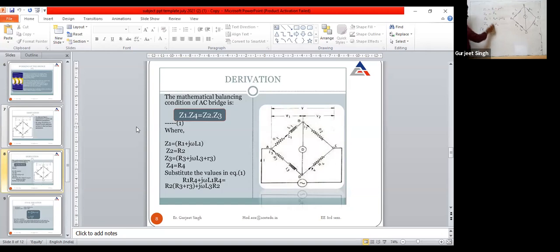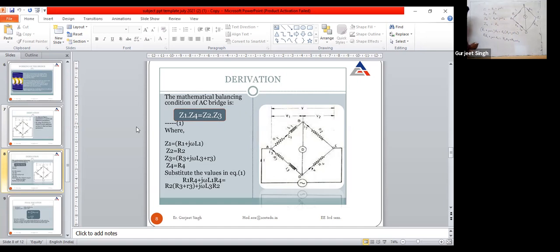This is Z1 into Z4, that is R4, is equal to Z2, that is R2, into R3 plus J omega L3. So this is R1 R4 plus J omega L1 R4 is equal to R2 R3 plus R2 J omega L3. So we are getting this equation.